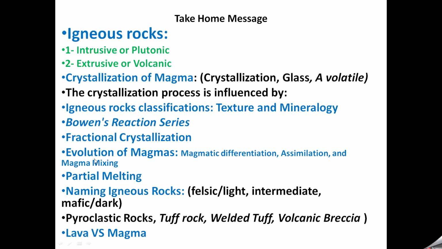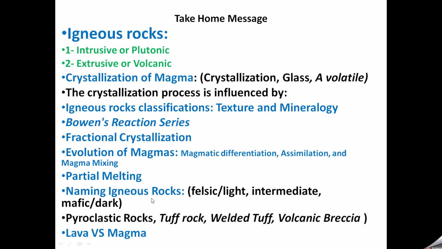Fractional crystallization, evolution of magma: we find magmatic differentiation, assimilation, and magma mixing. Then we talked about partial melting or decompressional melting that happens under subduction zones and under mid-oceanic ridges, for the magma coming from the mantle, the ultramafic magma that decompressed and generated the basaltic magma.